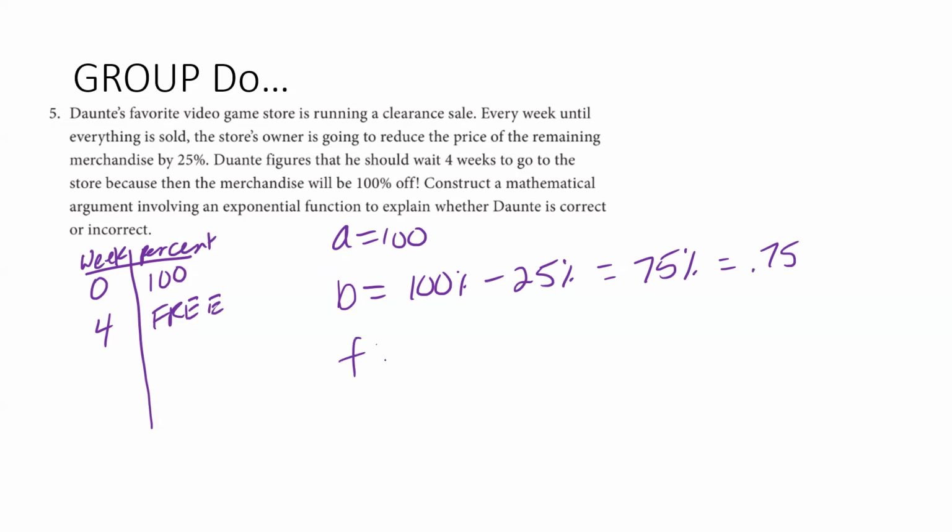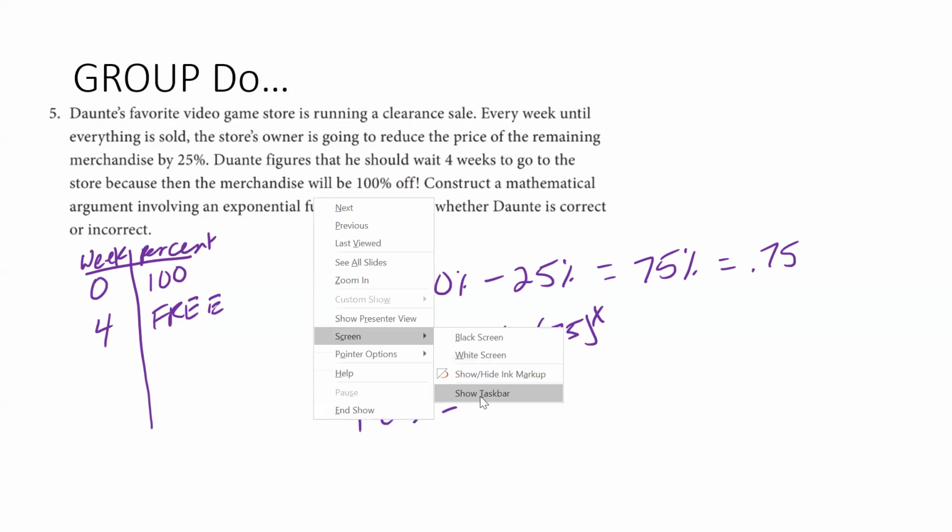So our function is f of x equals 100 times 0.75 to the x. Correct? So now we want to know, is it free at 4? So f of 4 equals, I'm going to go to my handy dandy calculator.